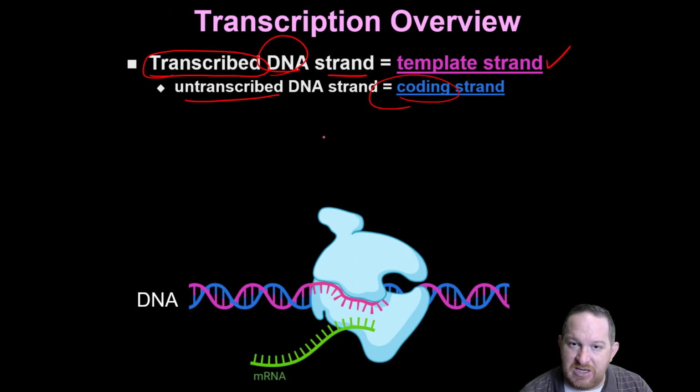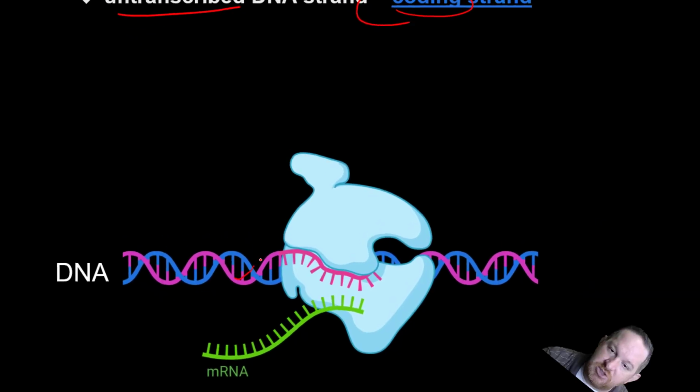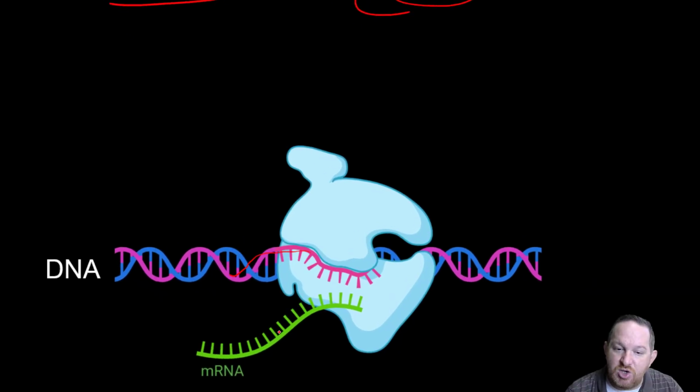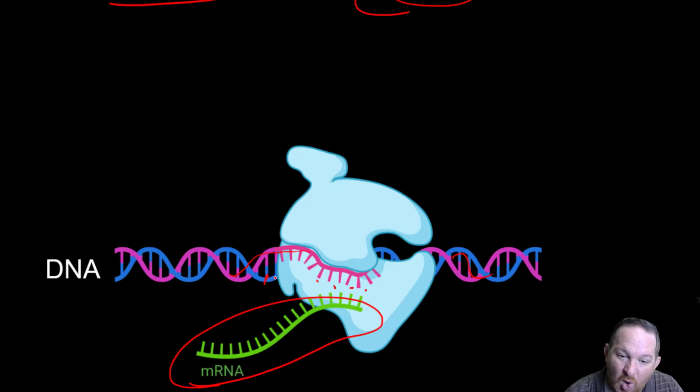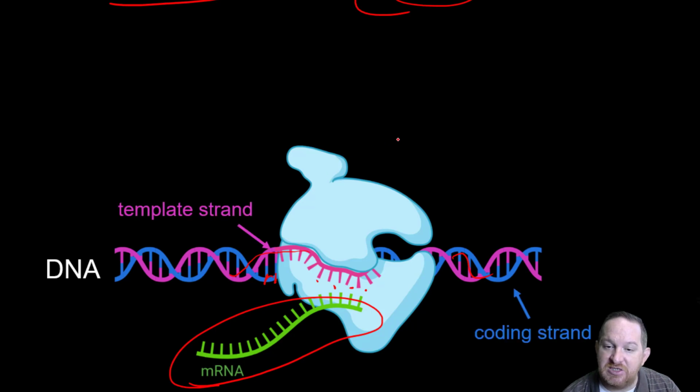So what you can see here in the overview is that you've got your DNA, you've got two different strands. Notice the pink one up here is the template strand. That's what's going to be used to match up nucleotides to make this messenger RNA. The blue one we call the coding strand because it's basically the same code as that messenger RNA. And this enzyme here that's going to function is RNA polymerase.